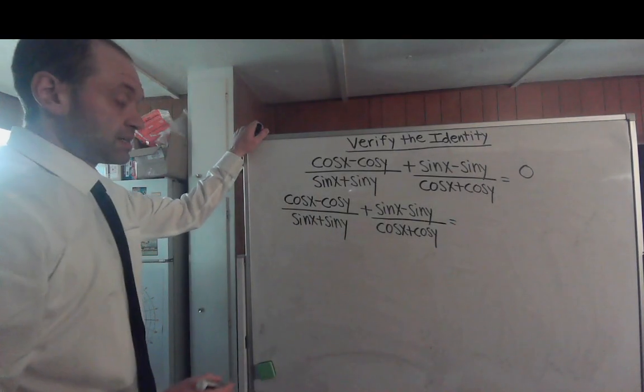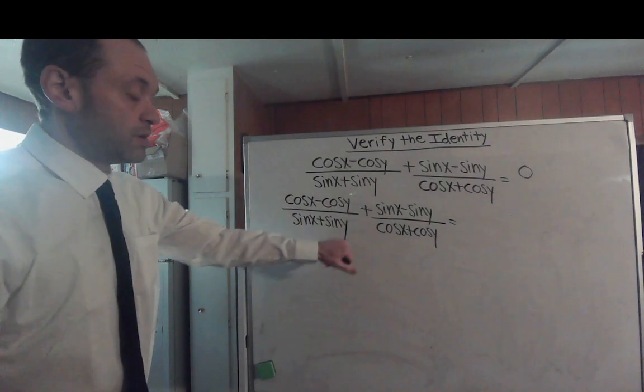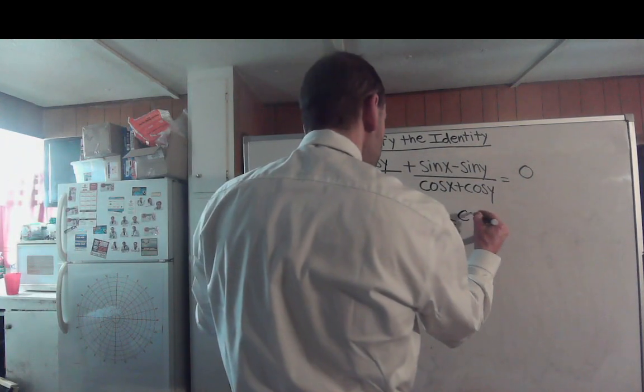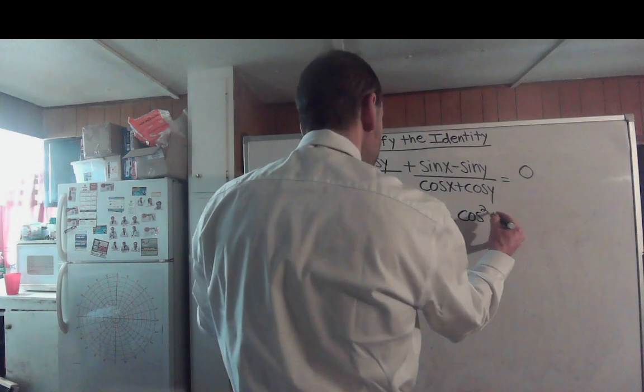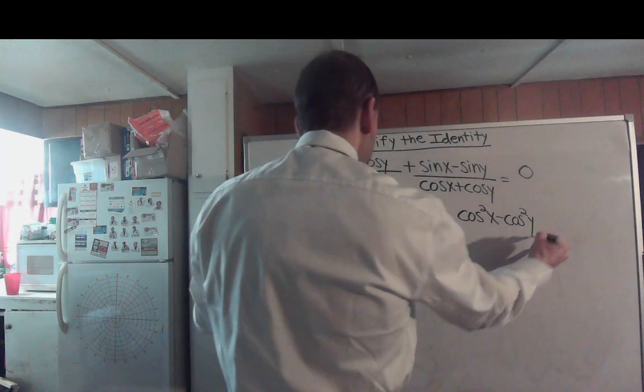Well, basically now you're just going to have to take the first term, multiply it by this denominator, and FOIL. You should end up with cosine squared of x minus cosine squared of y.